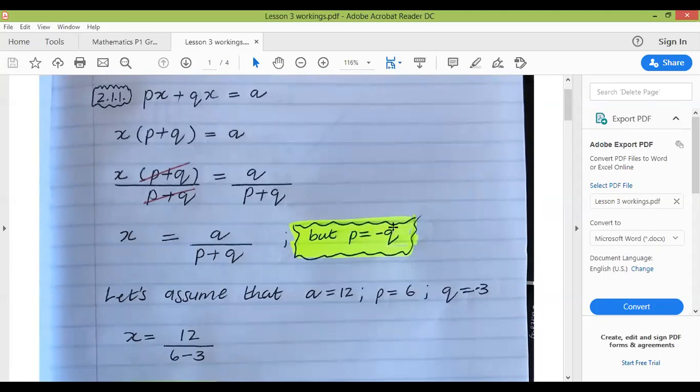But you must tell the marker that p cannot be equal to negative q.